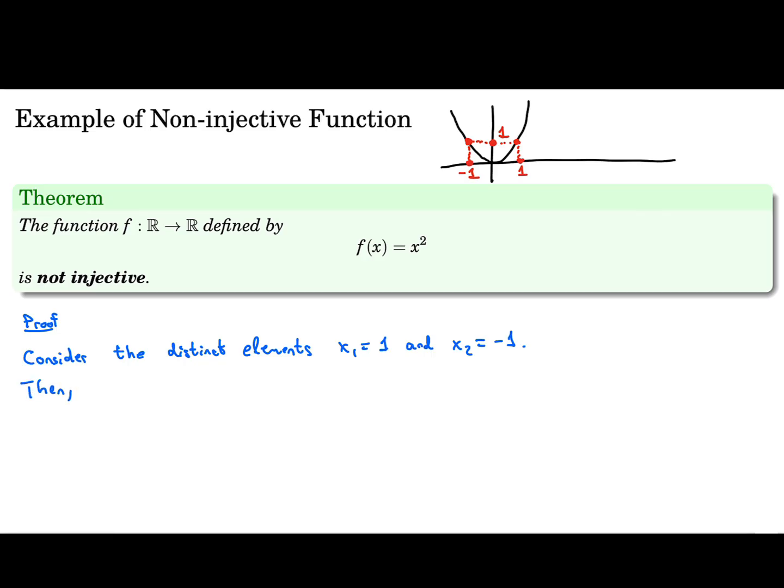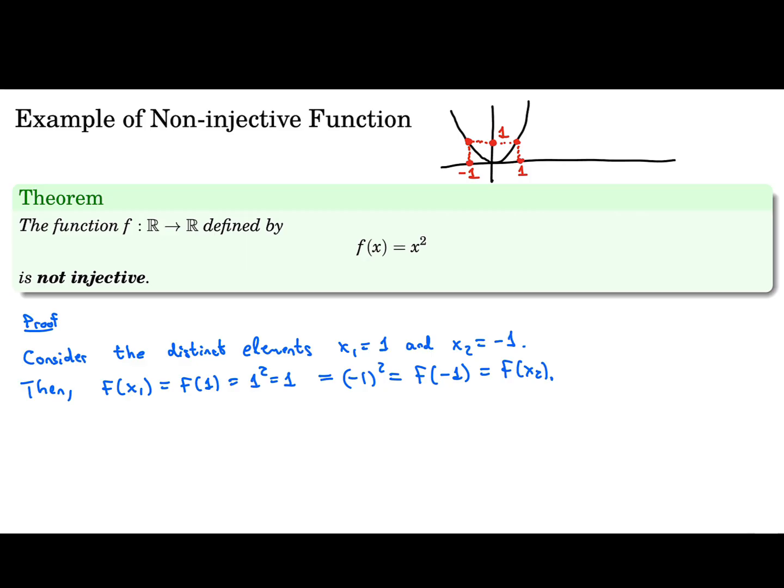Then f(x1) is equal to f(1), which is 1 squared, equal to 1. And this is equal to minus 1 squared, equal to f(minus 1), equal to f(x2).